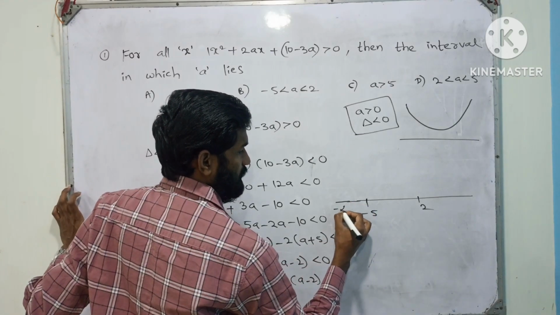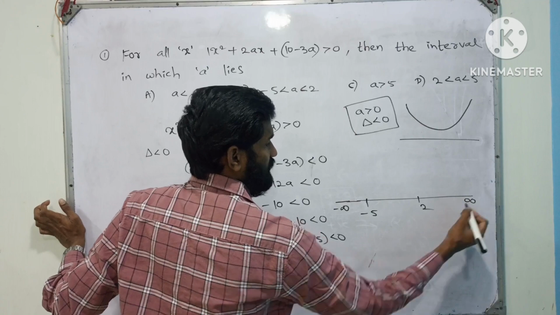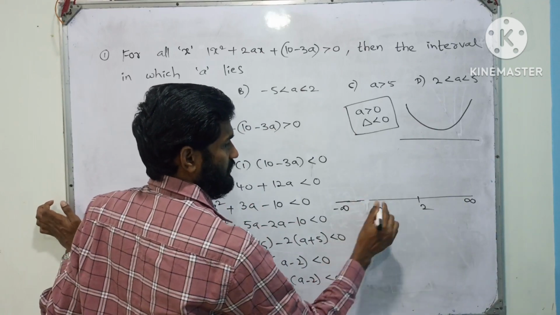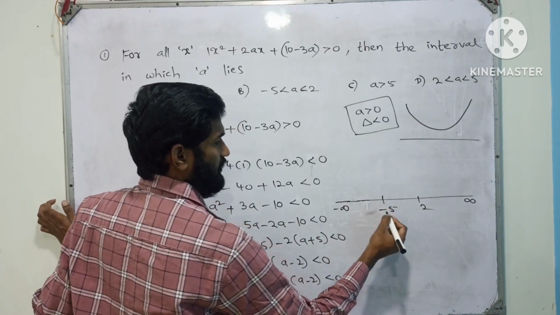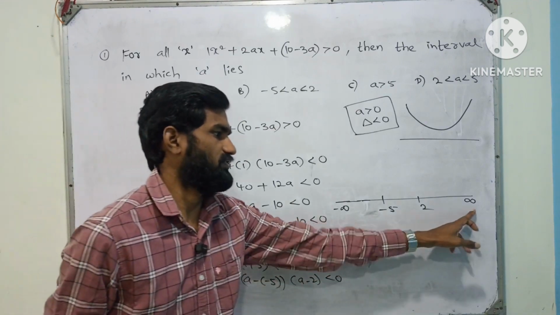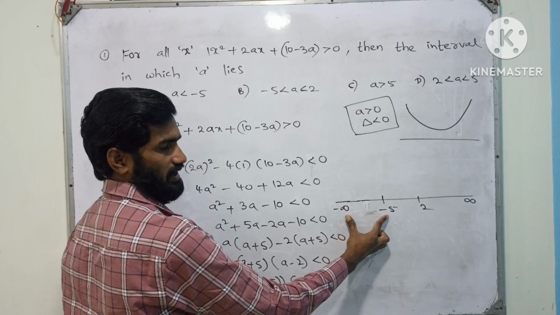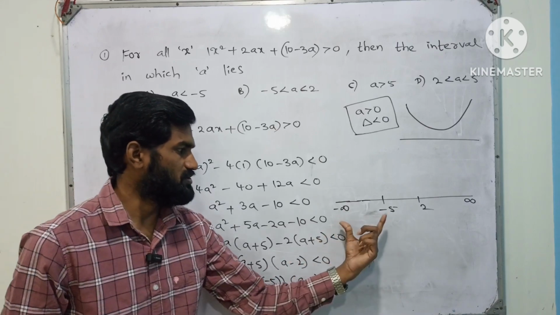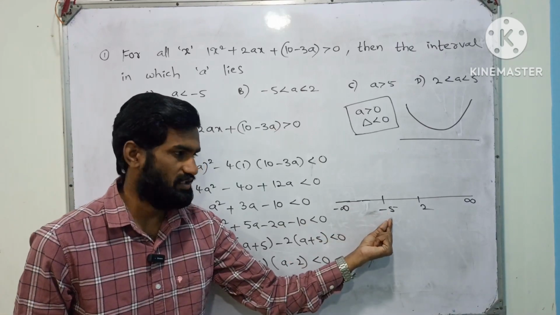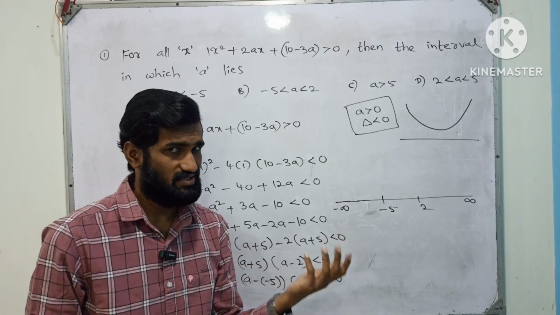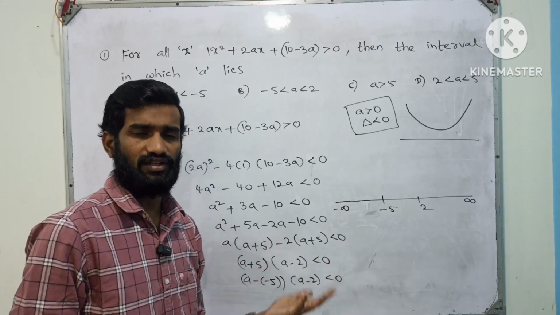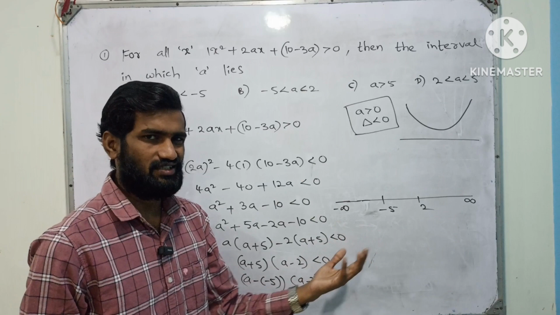Now let us consider minus infinity here, and plus infinity here. Now take any number between these two. Between minus infinity and minus 5 we have minus 6, minus 7, minus 5.5, everything, so we can consider minus 6.